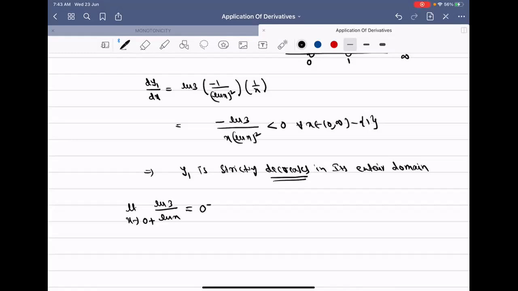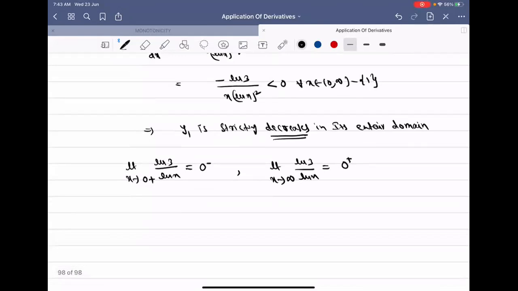The left-hand limit is not required because the interval is open at 0. Next, limit as x tends to infinity of ln 3 by ln x is 0 plus. Now we require the limits at 1 plus and 1 minus.